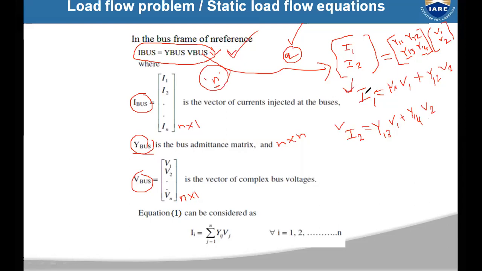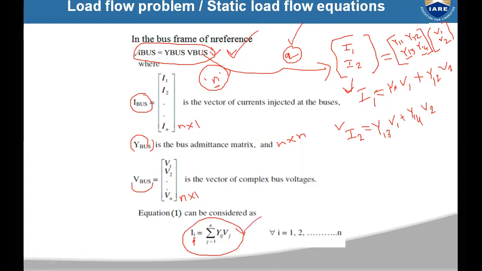This I1 can be written in another form as I is equal to, so like this. So this equation: current injected at bus I is equal to the sum of j equal to 1 to n, from bus 1 to bus n, of Yij Vj.